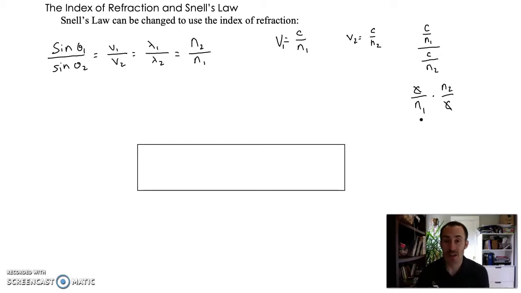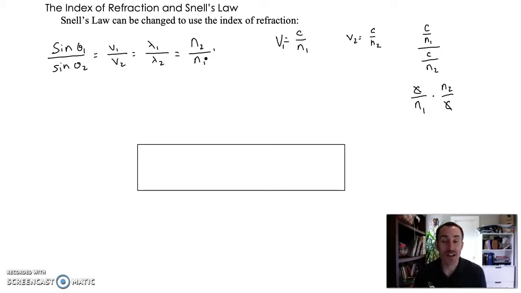And so that's why that last part of Snell's law is flipped upside down, because of the relationship of the index of refraction to the velocity. So you don't have to remember that that's why it's upside down like that. You just have to remember that it is upside down. So we can add this to Snell's law.